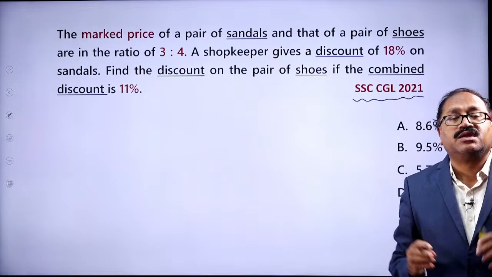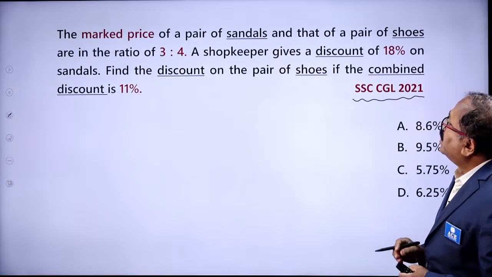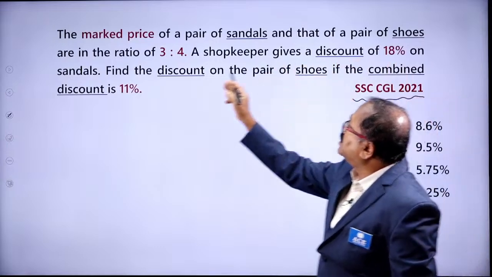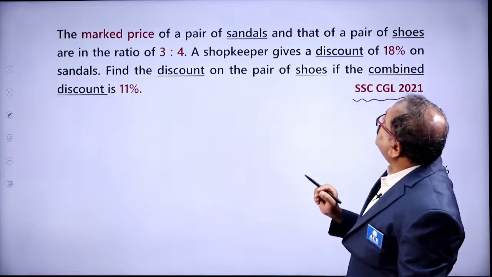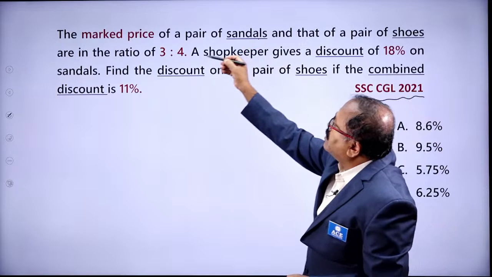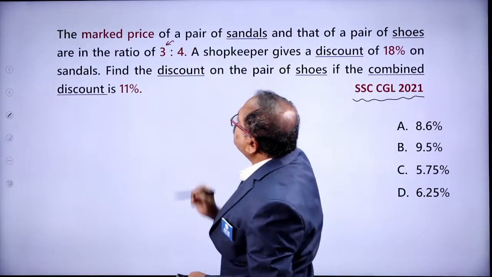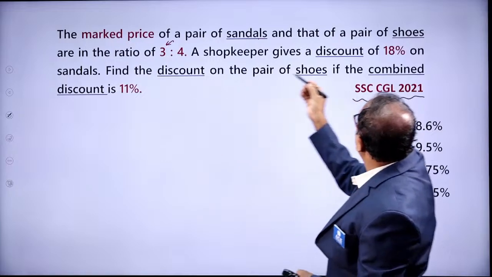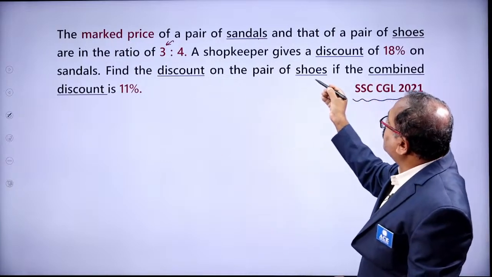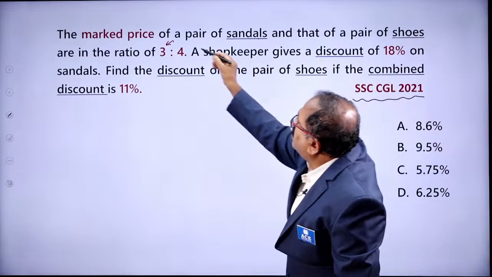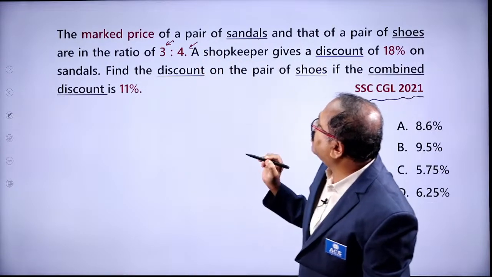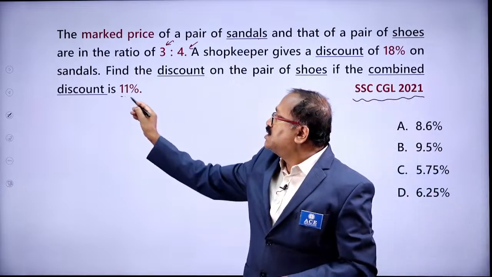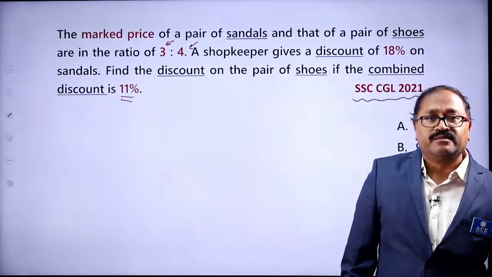The shopkeeper gives a discount of 18% on the sandals. Which one is the sandal? The first one. He gives 18% discount on this. Find the discount on the pair of shoes, if the combined discount is 11%.